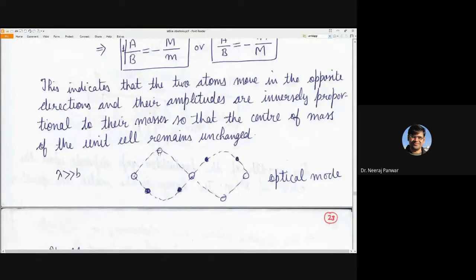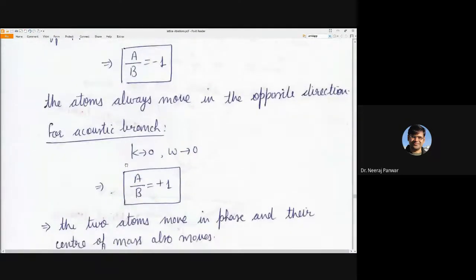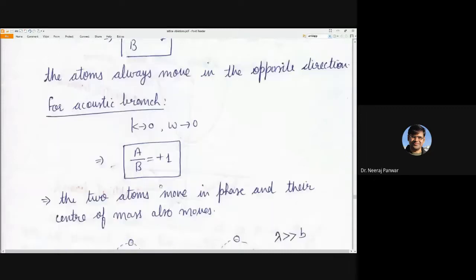The two ions are vibrating for the optical branch, where lambda is much greater than B or k is close to 0. The two ions vibrate opposite to each other. But for the acoustic branch, the two ions vibrate in phase, and if the masses are equal, we will get A upon B equal to +1.